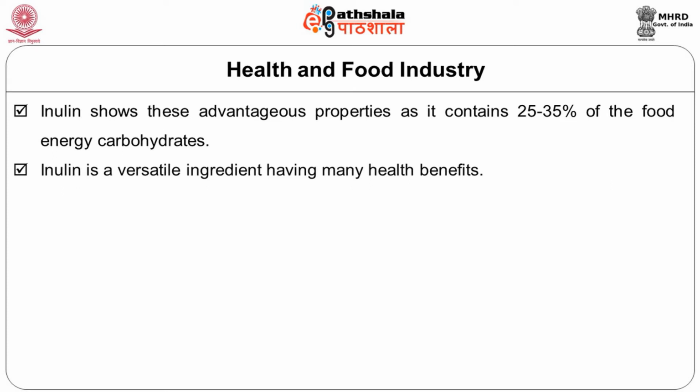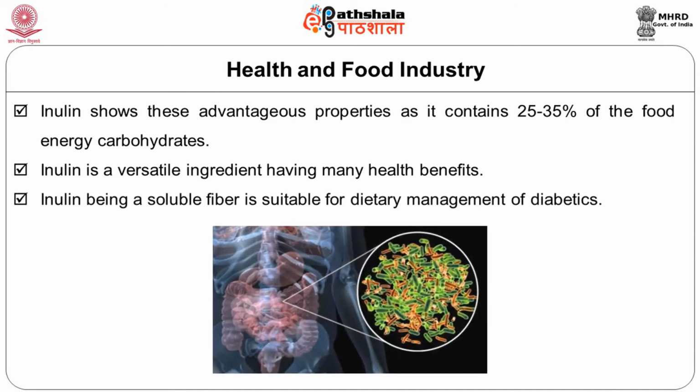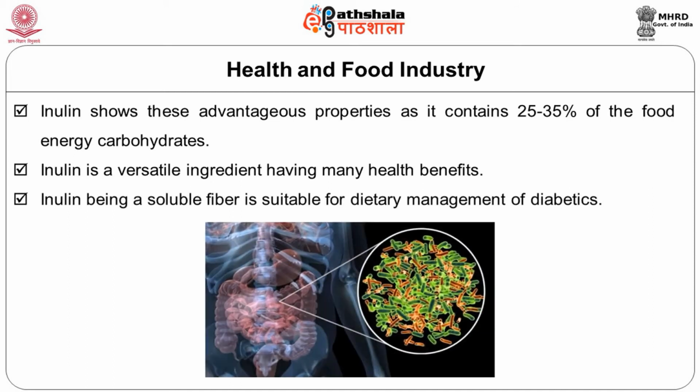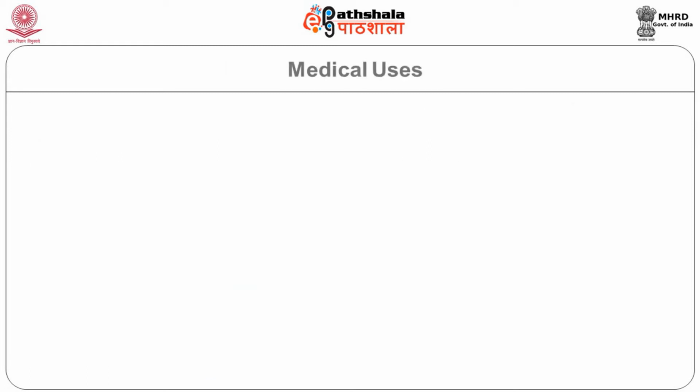Inulin is a soluble fiber and is occasionally categorized as a prebiotic, a form of carbohydrate which rapidly ferments in the colon to produce gas and draw water into the colon, which is a difficult situation in individuals with irritable bowel syndrome. Inulin, being a soluble fiber, is suitable for dietary management of diabetics.